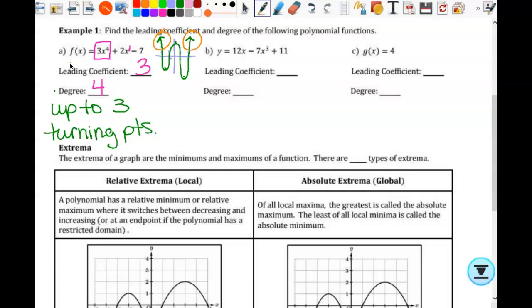If this was a quadratic, right? Let's pretend like this was an x squared. Then would this open up or down? If this was x squared instead of x to the 4th, it would open which way? Up. Why? Because the 3 is positive, and if the 3 is negative, then it would open down, right? So every even degree polynomial, all of them, their end behavior models a quadratic. Now, the middle behavior is clearly different than a quadratic, right?